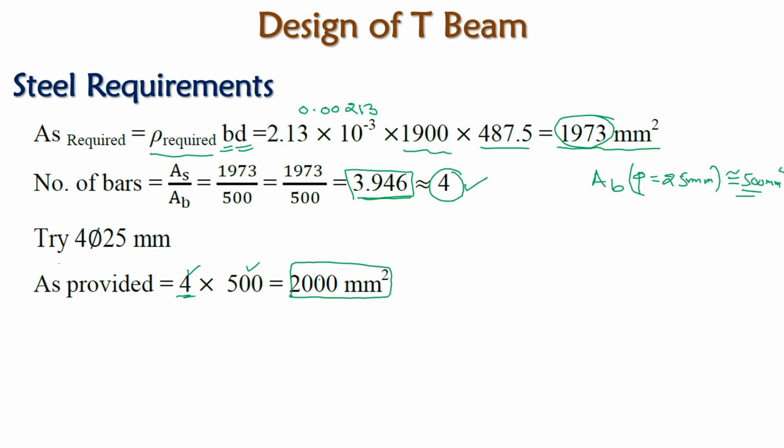So when we have decided the steel amount, we have to check the minimum and maximum steel ratio, that is, how much steel is required for this section of beam at a minimum value and at a maximum value. For minimum steel, we have the formula 1.4 by Fy times BWD.